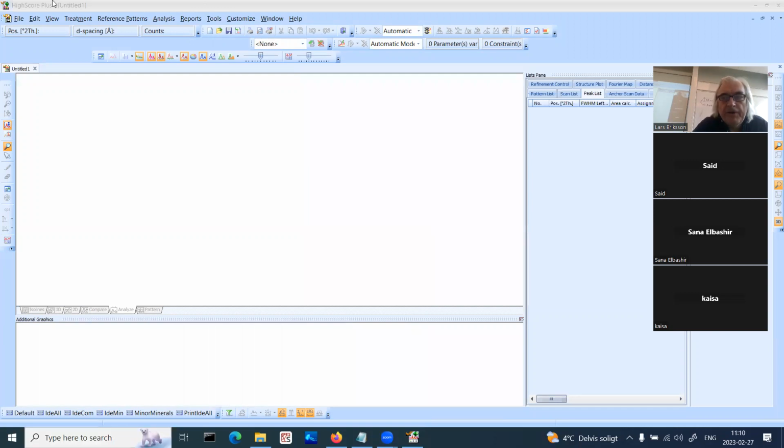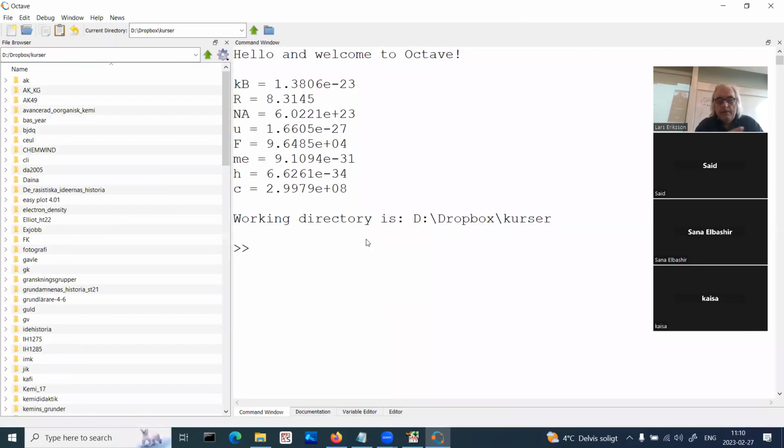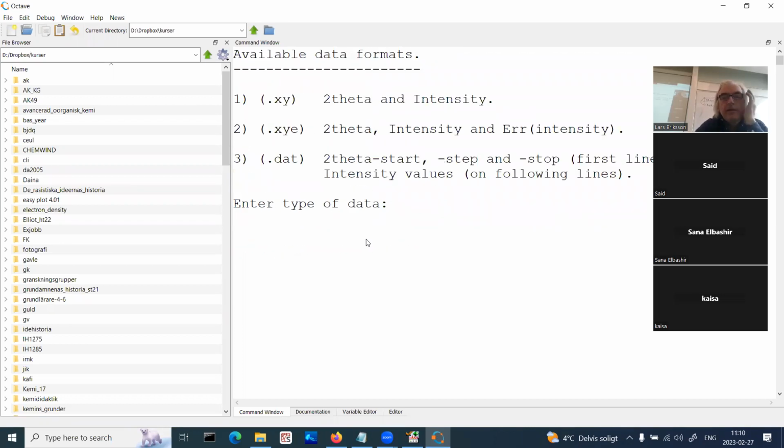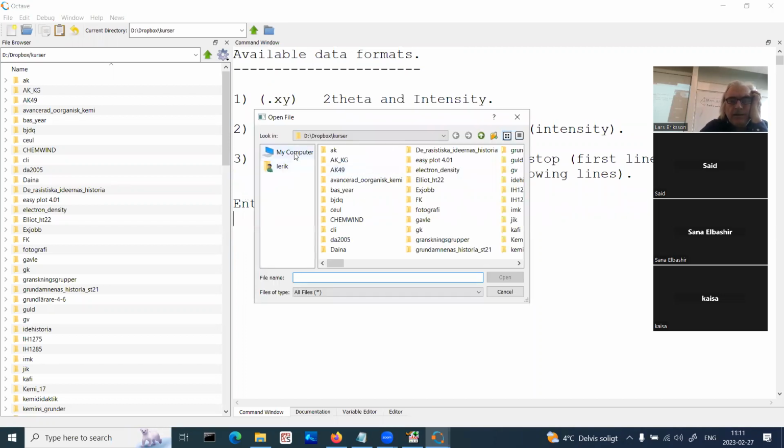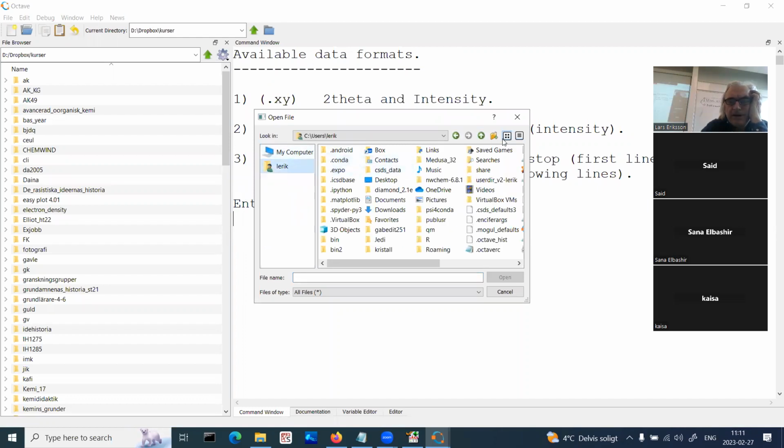We can convert the file, so we skip the problems with that. So, read type 3, my computer. How should we find the file?